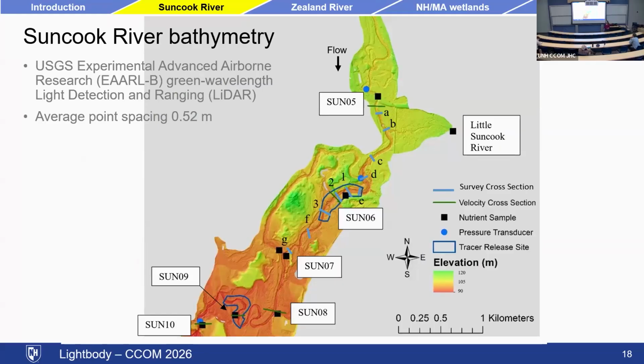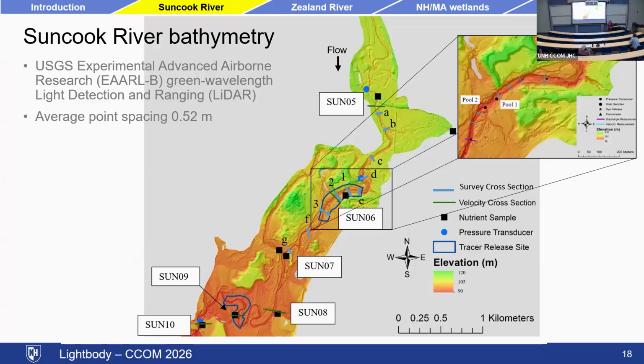Our study had nothing to do with that, but it did spur the USGS to fly some very high resolution green LiDAR of this whole reach. This was flown in 2013, and the average point spacing was 0.52. If we zoom in on a couple of these areas, you can see some of the detail that is present within this data set.